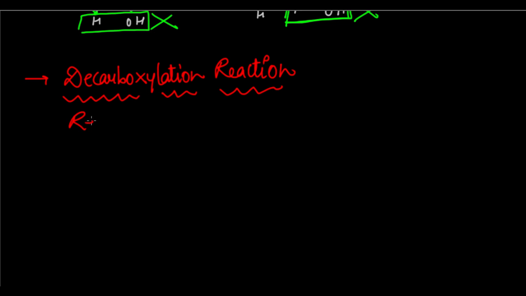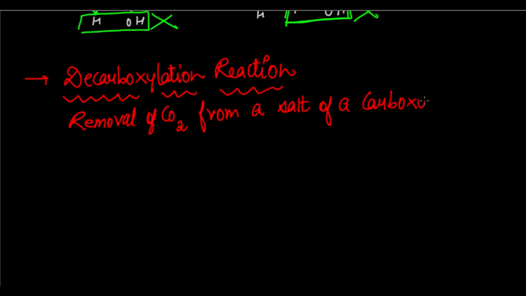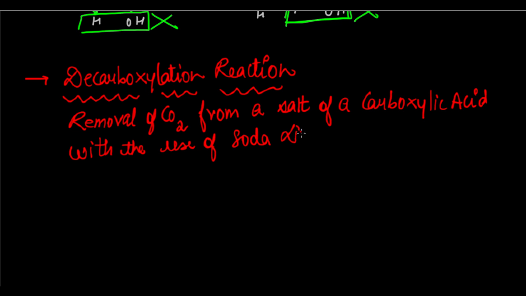So it is basically the removal of carbon dioxide from a salt of a carboxylic acid with the use of soda lime. And soda lime is basically a mixture of calcium oxide and sodium hydroxide, CaO plus NaOH.